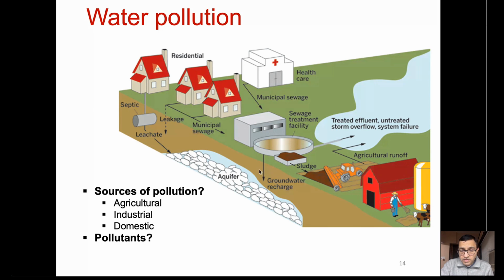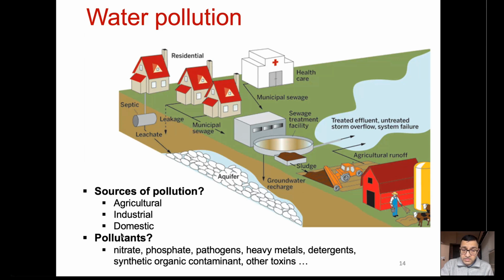Then there are industrial effluents that can also impact groundwater. And then the pollutants can be different inorganics like nitrates, phosphates. There can be biological like pathogens or heavy metals. Then there can be detergents or organics and other toxins. So there's a whole range of water pollutants that are sourced from an urban area.